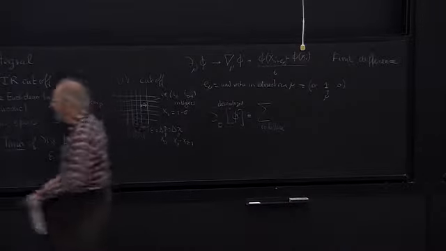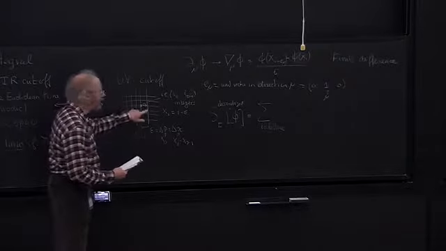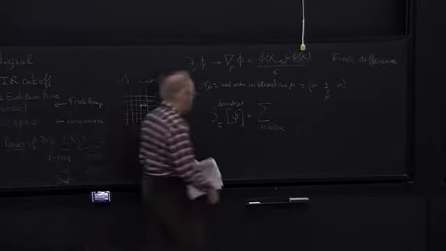You have a volume element for each point on the lattice, which is the volume of the elementary cell. So it's epsilon to the power d.